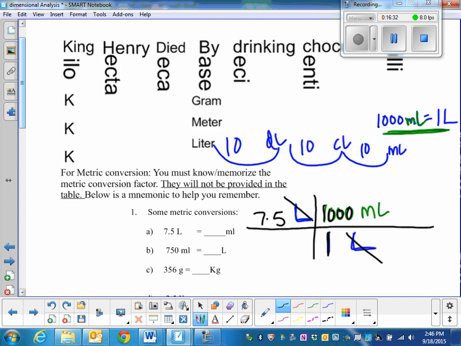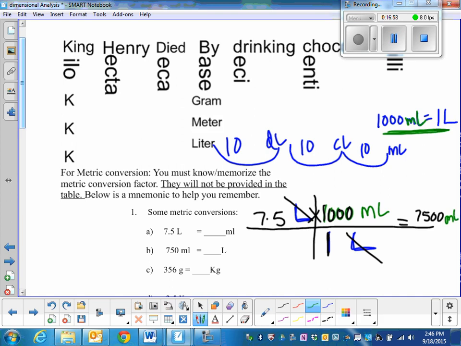If there are 2 numbers in the numerator, what do you do with those 2 numbers? You multiply them. Okay? So if I multiply, and then what do I do with the one in the bottom? I divide. Is that right? So if I multiply and divide, I will get 7,500 milliliters. Do you understand the process?